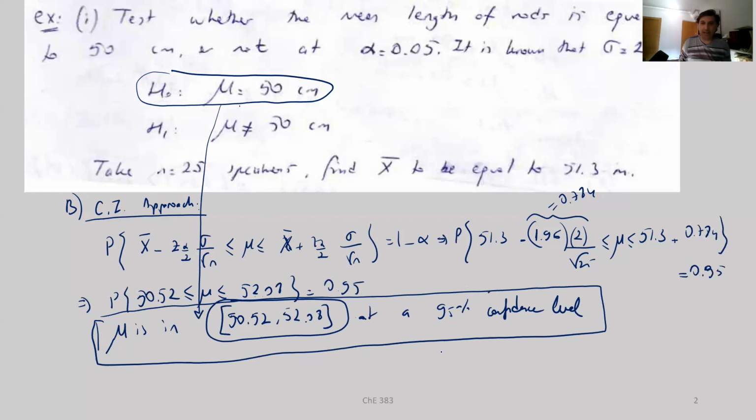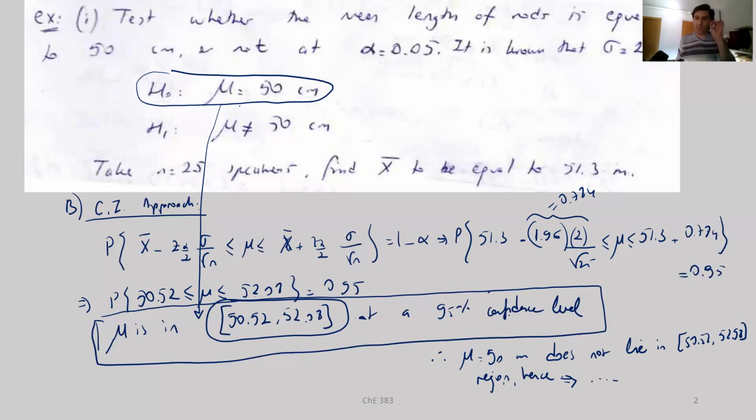Therefore, we are going to say that mu equal to 50 centimeters does not lie in the 50.52 to 52.98 region. Hence, as in the previous result, there is sufficient evidence to reject that mu is equal to 50 centimeters. It is the same result again.